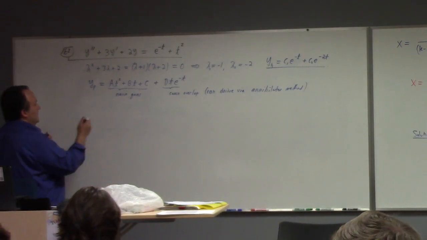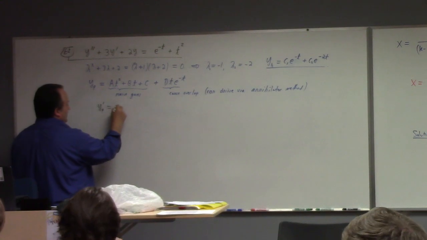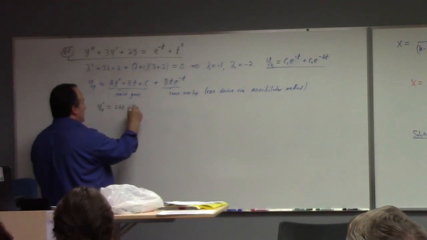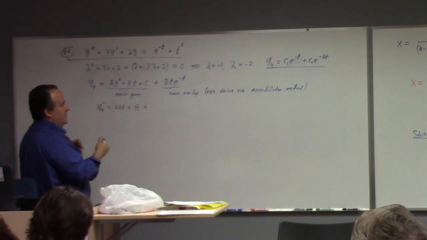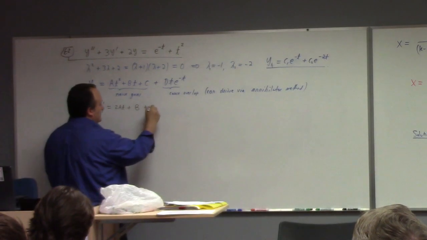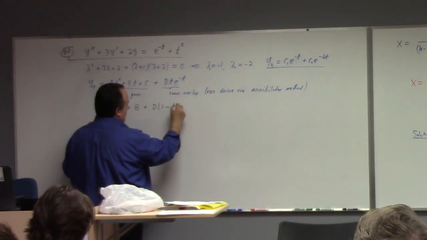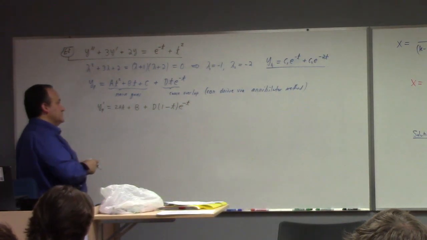Differentiate, right? So yp prime is 2at plus b. And got to be careful. That's a product. I need the product rule, right? So D times (1 minus t) e to the minus t by the product rule there.